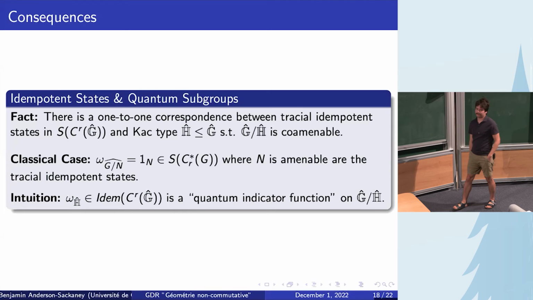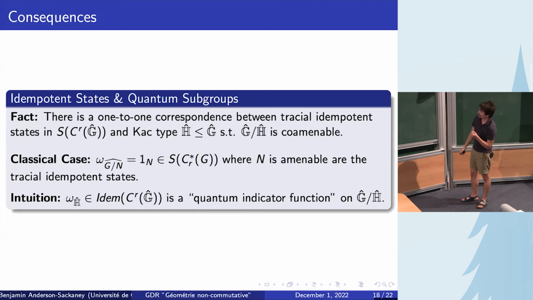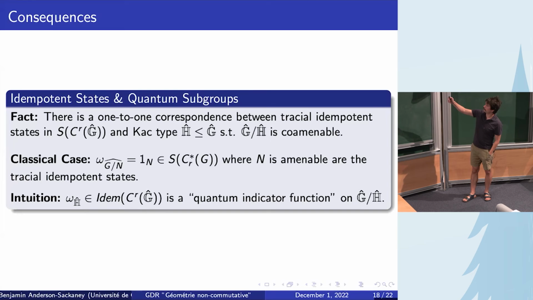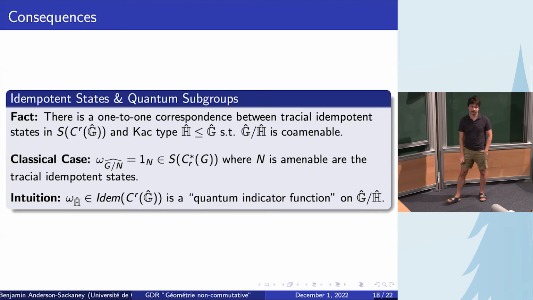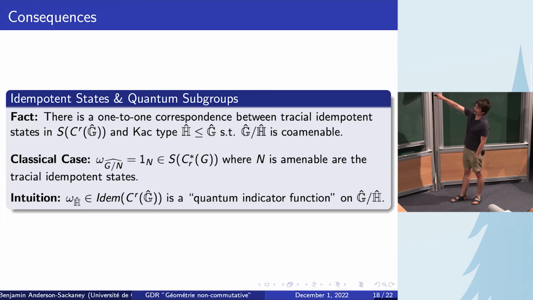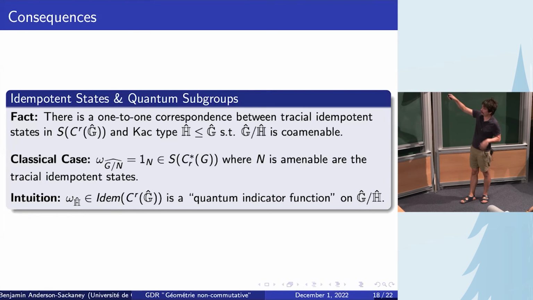So the intuition is that these idempotent states are quantum indicator functions on quotients of the compact quantum group. This doesn't hold for all idempotent states, but for these ones, this is our intuition.